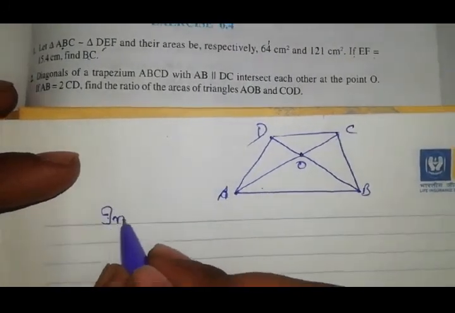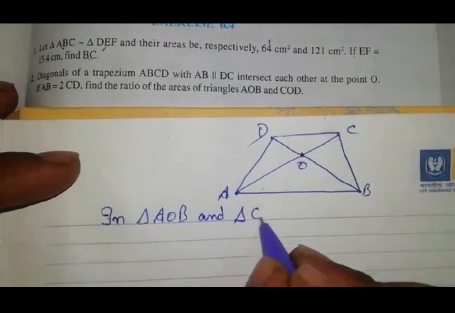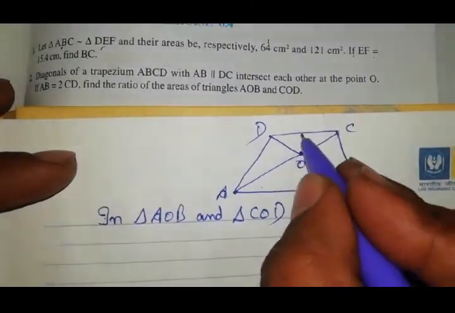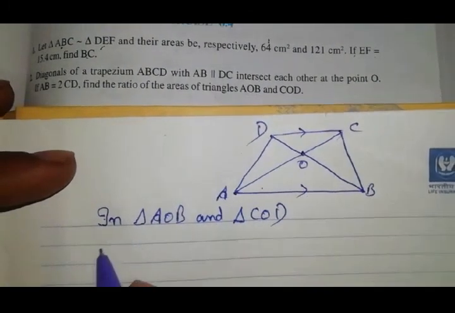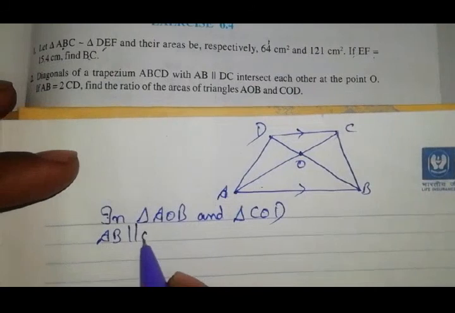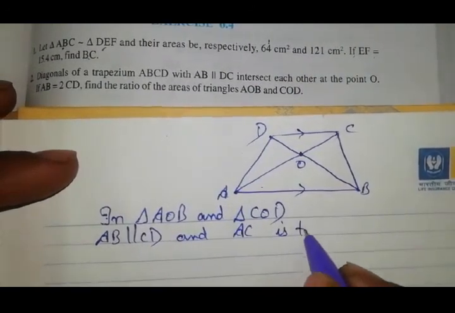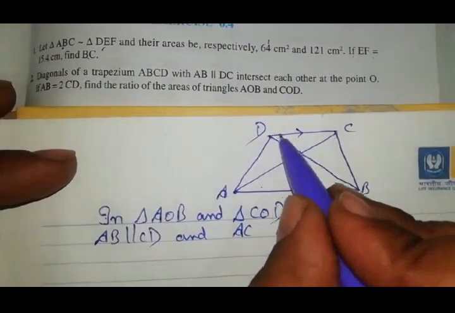So look, in triangle AOB and triangle COD, these two lines are parallel. If AB is parallel to CD and AC is a transversal, you can see a Z-like structure here.